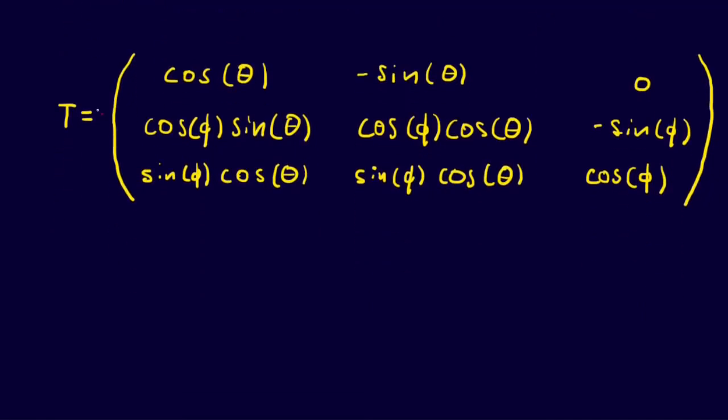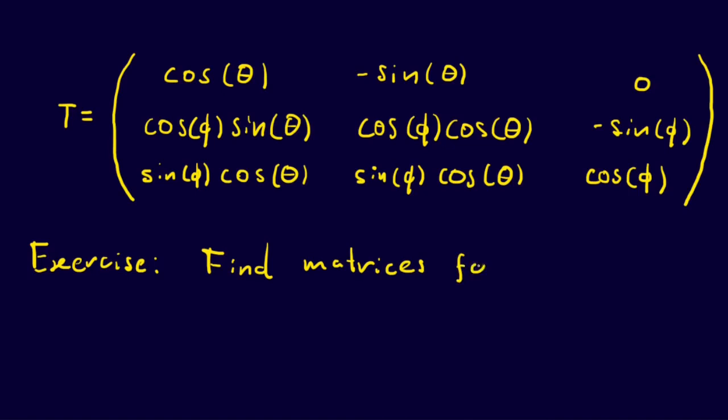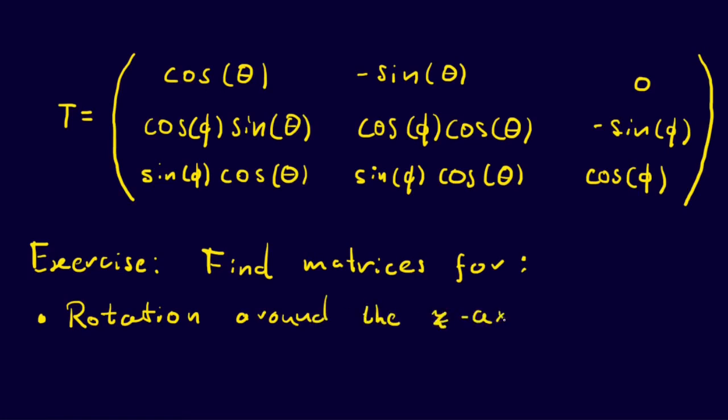And now I'd like to leave you with an exercise, which is to find matrices for the following two transformations. So rotation around the z-axis by theta, and call this matrix R sub z of theta, and rotation around the x-axis by phi.